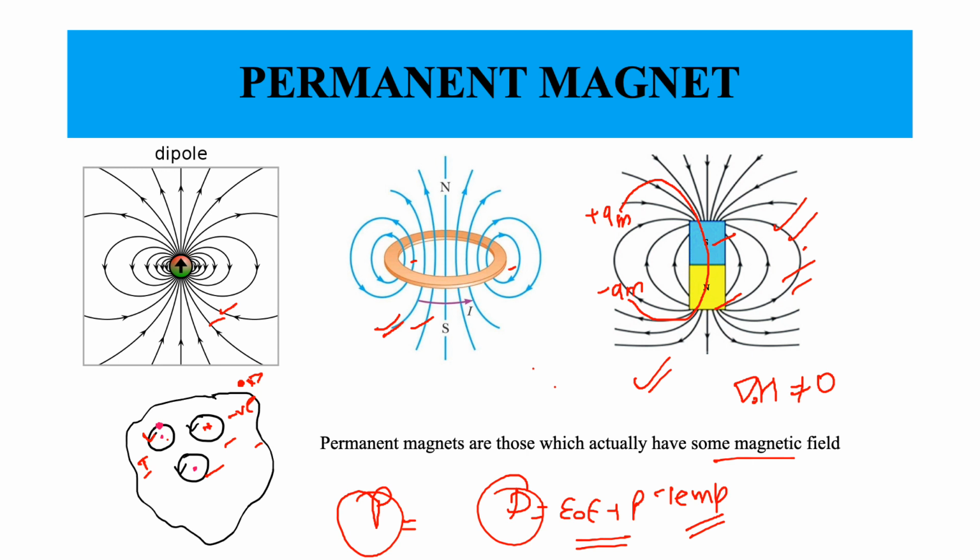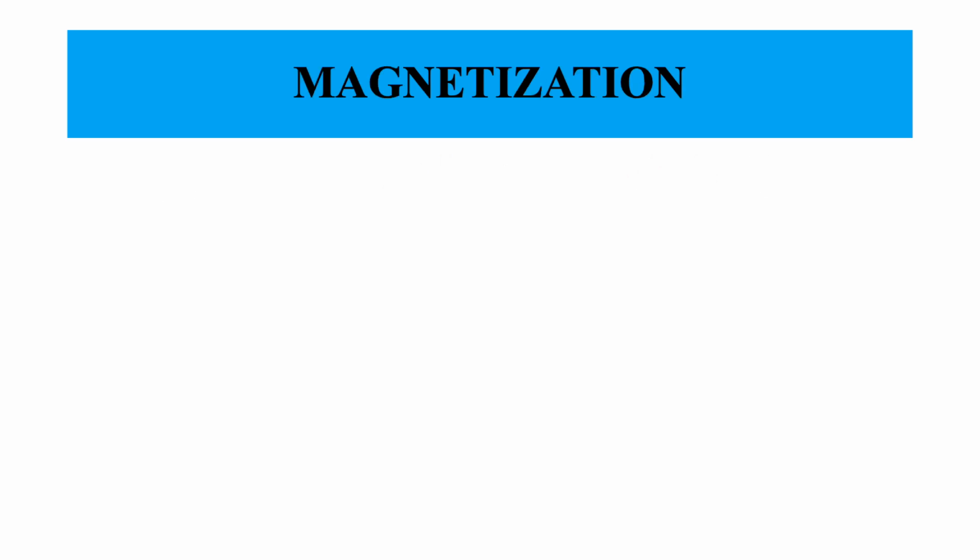Now we are going to do this for magnetic material, which means we are going to look at the magnetic dipole moment per unit volume, called the vector M, just as we have polarization. So we will have a magnetization vector, and that magnetization vector will relate B and H. Okay, so let's do that. We define magnetization M as magnetic dipole moment per unit volume.